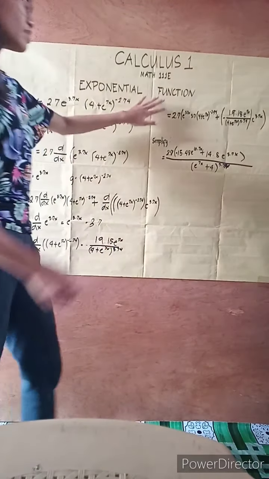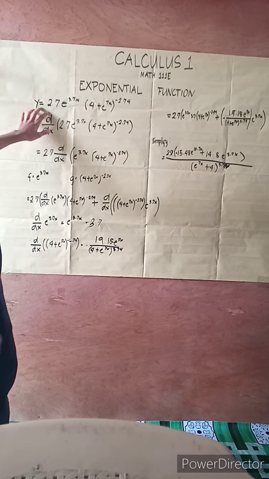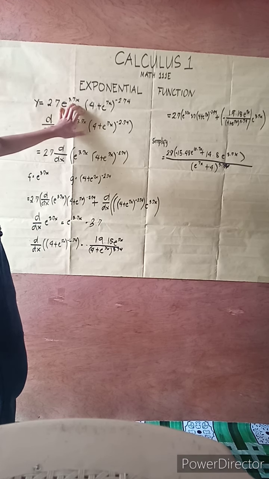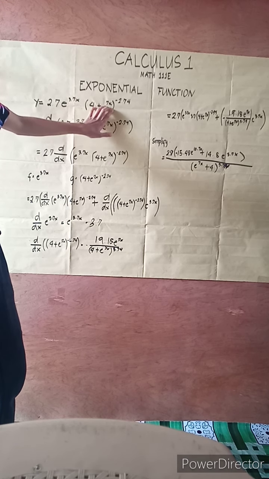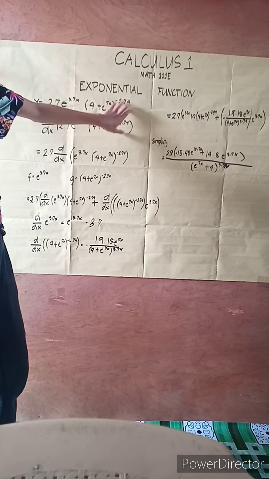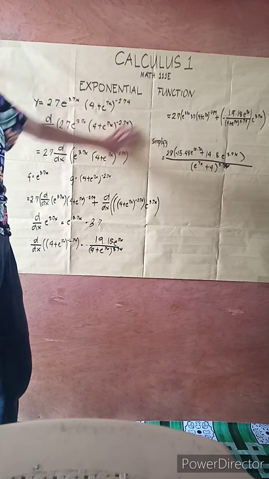So, exponential function. We have here the problem y is equal to 2.7e raised to the power of 3.7x times (4 plus e raised to the power of 7x) raised to the power of negative 2.74.